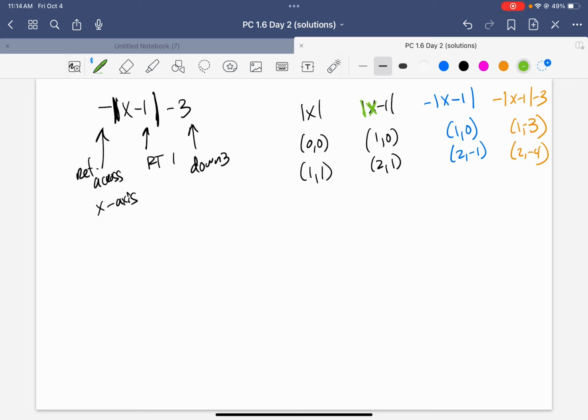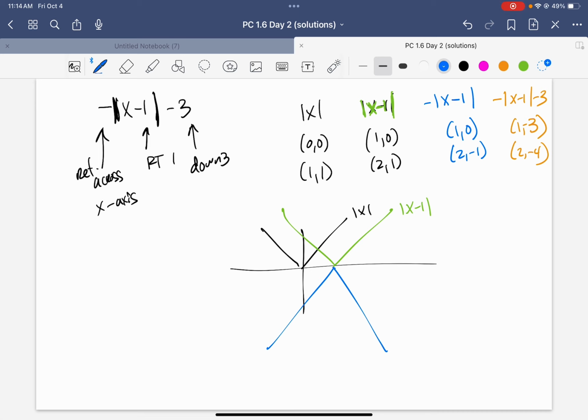So let me go ahead and make this green, just so it's easy to see. If my original looks like this, if that's absolute x, then when I move it to the right one, maybe it looks like this. That's |x - 1| because I moved to the right one. And then I reflect it across the x-axis. That's going to be this. It's going to be negative |x - 1|.